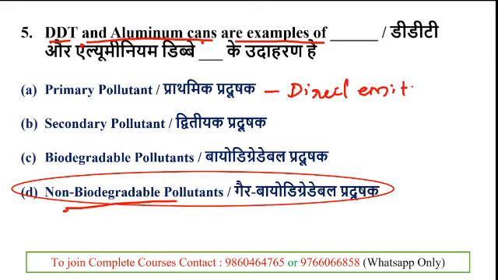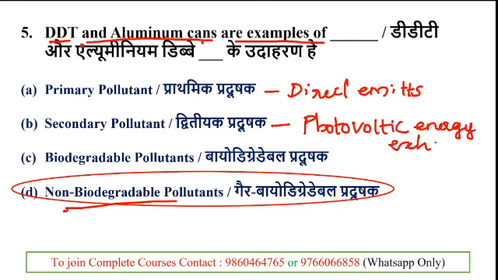Here the example is automobile exhaust. Clear? And the secondary pollutants are the result of primary pollutants, the interaction between the pollutants and solar energy, sunlight.